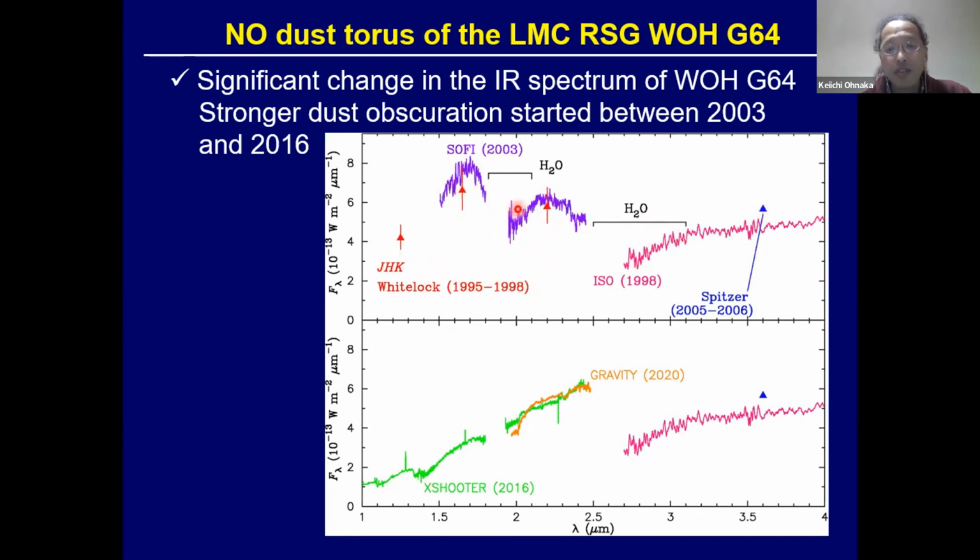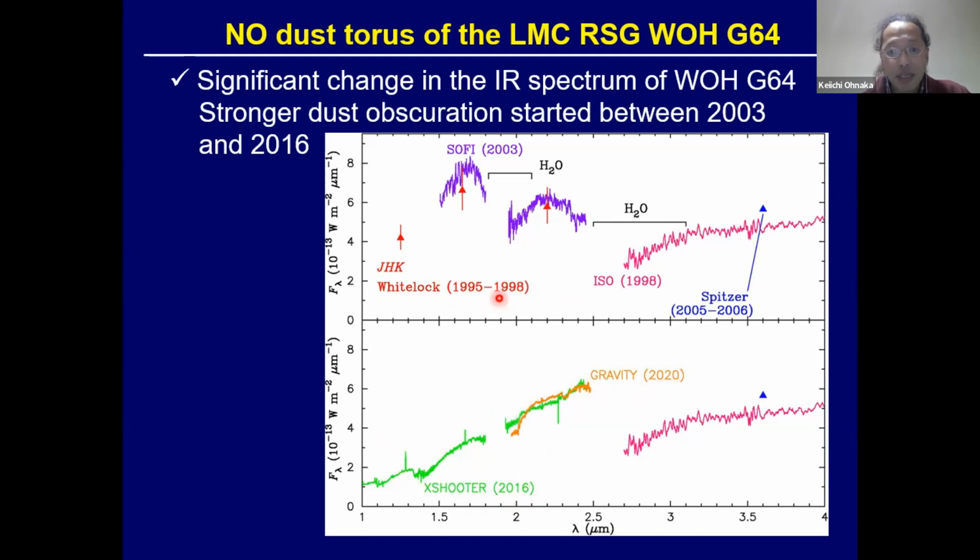These data can be explained by a photospheric spectrum with water vapor absorption here and here. The lower panel shows spectra taken relatively recently. The green line shows the spectrum taken in 2016, and the orange is the spectrum extracted from the GRAVITY data in 2020.